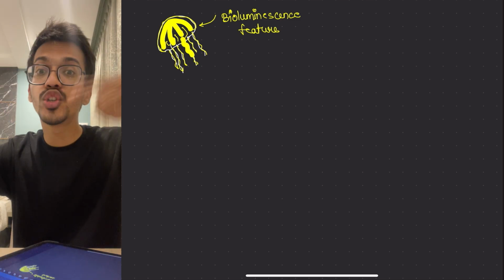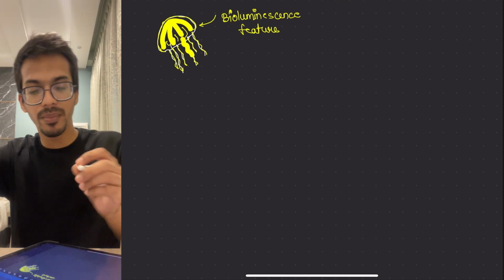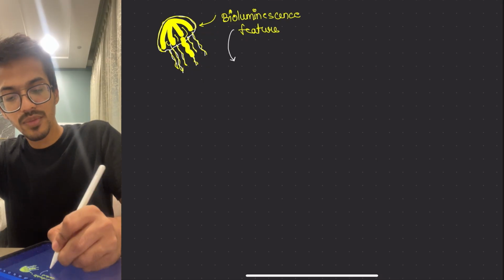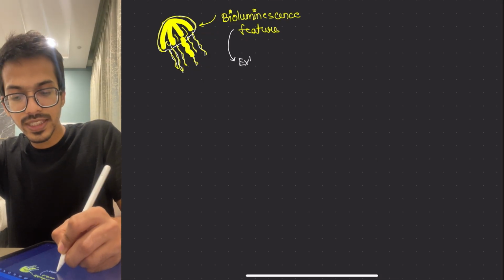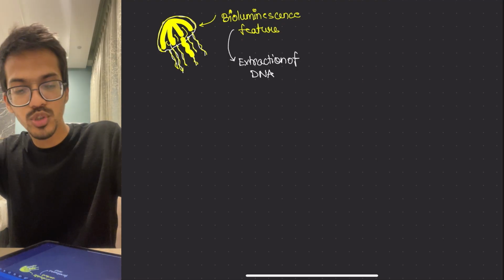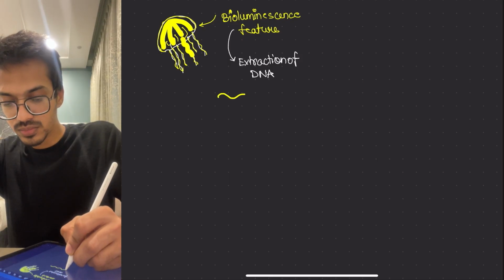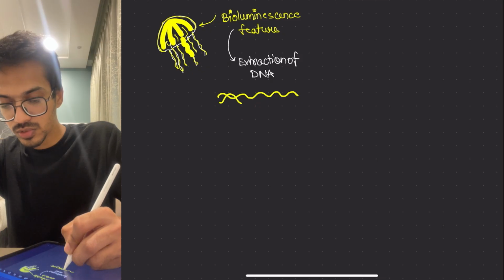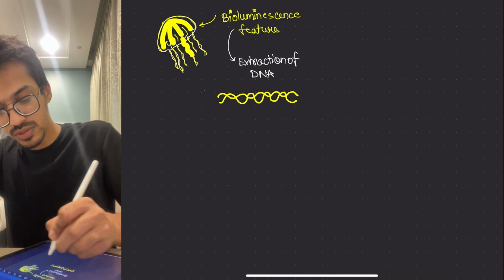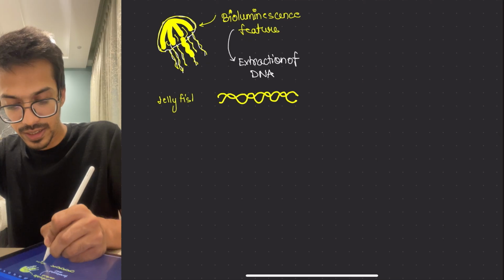So what I did: the genome project. In the genome project I am able to find the gene and extract the DNA. So the first step is extraction of DNA. Here I am showing the DNA to you. This is my jellyfish DNA.